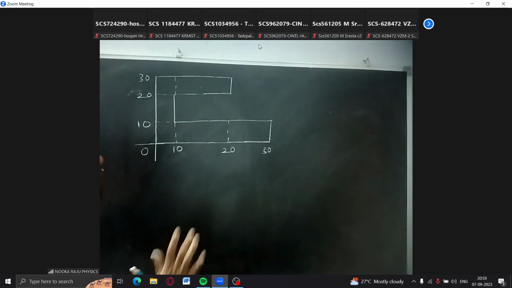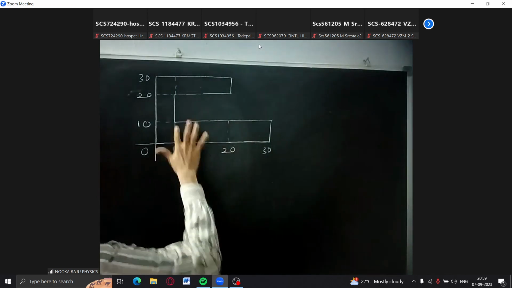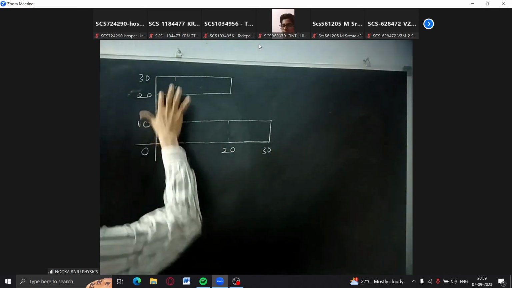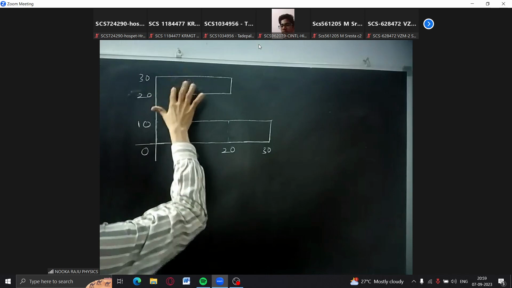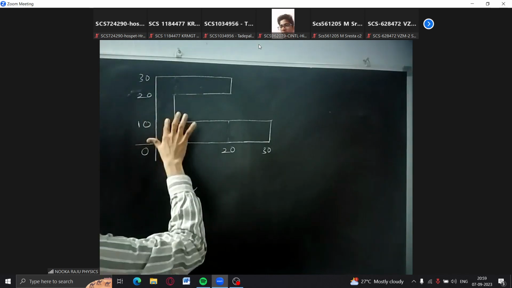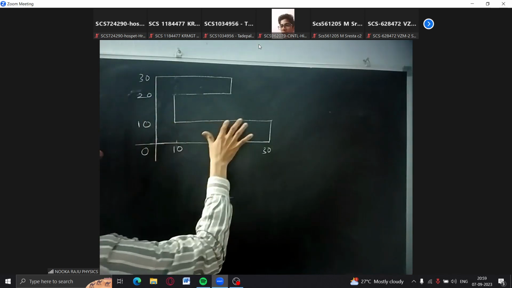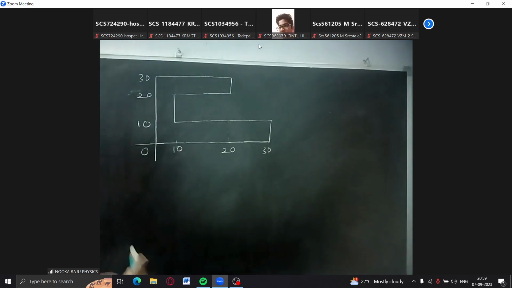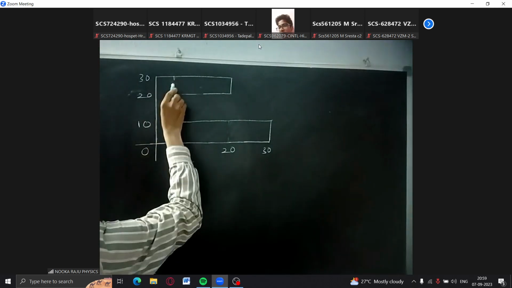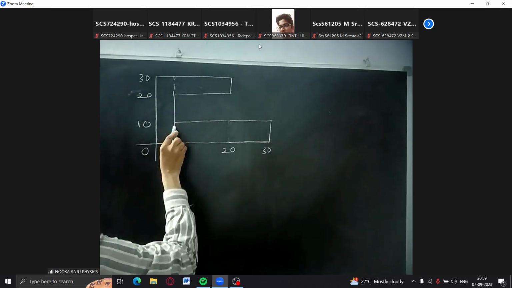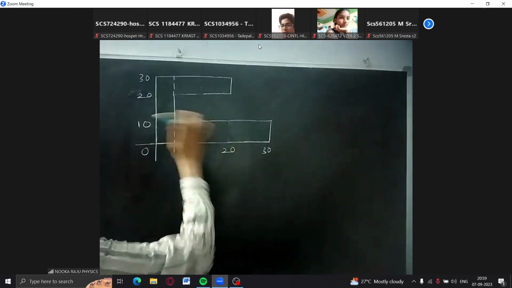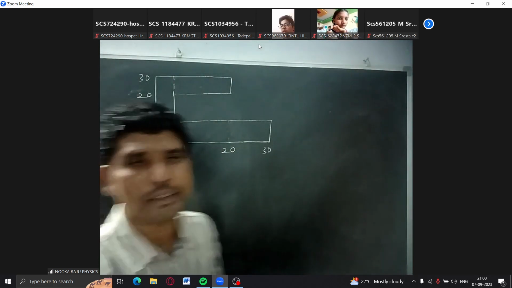This is one approach. Another approach is to consider only 3 parts. Here I consider this part: 1, 2, 3. I consider 3 parts.